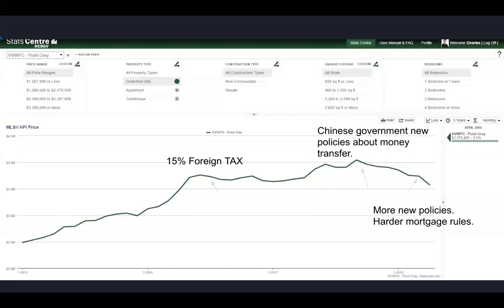And in 2018, there were more new policies on the mortgage rules, the pressure test, so fewer people can get a mortgage. All these policies are affecting the market, and people have to look at the market trend.